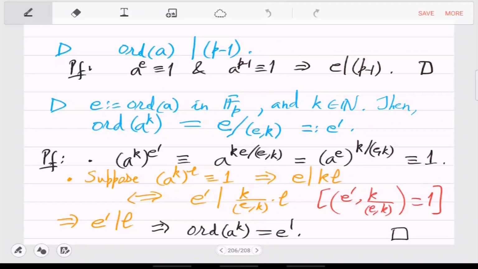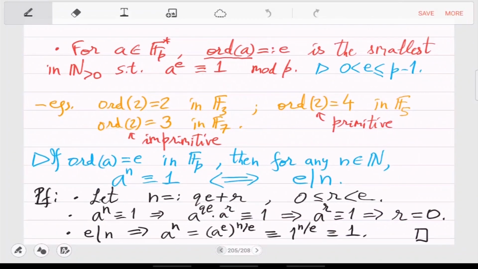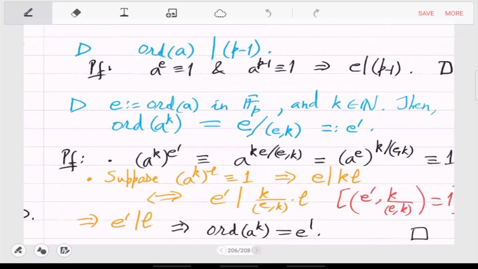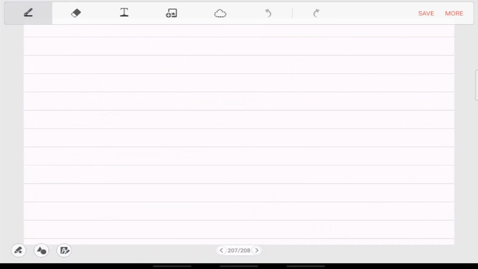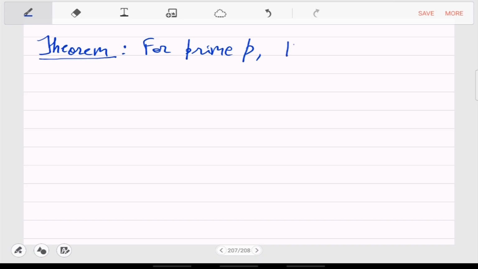Okay, so after this we can prove the primitive element existence theorem. For prime p, Fp has phi of p minus 1 primitive elements.